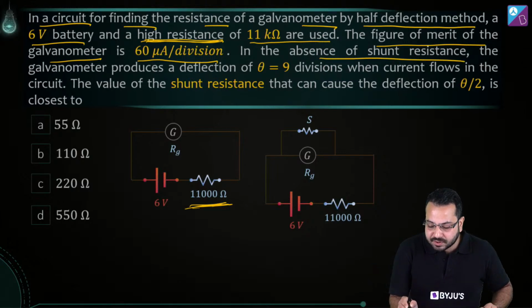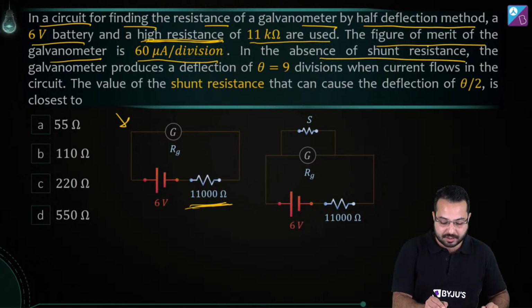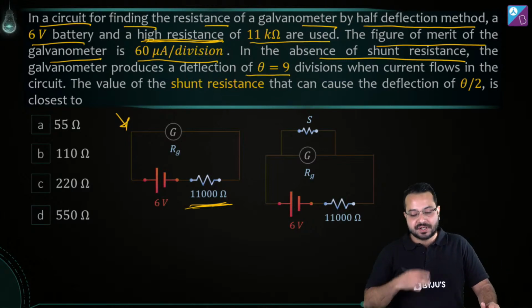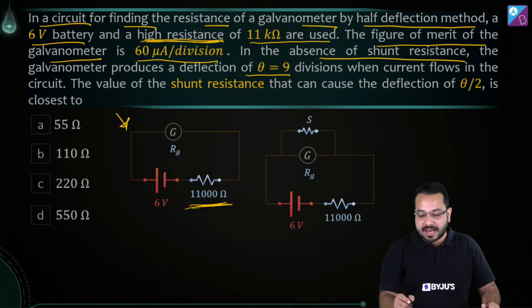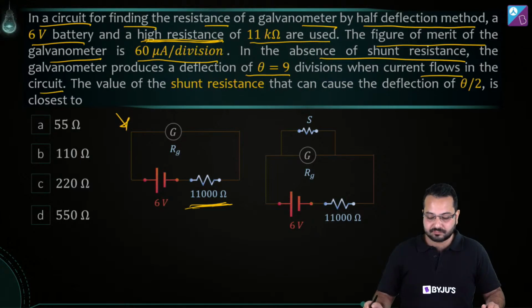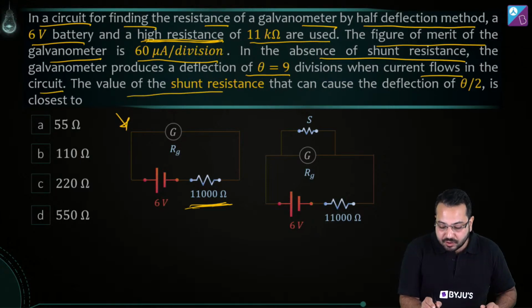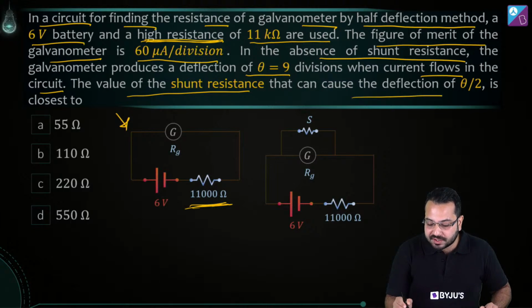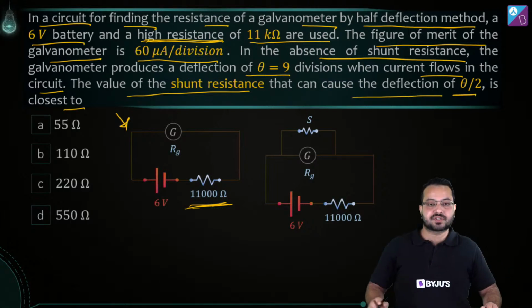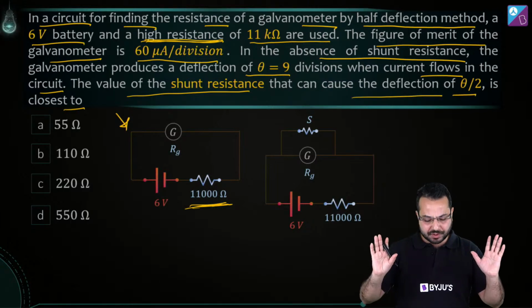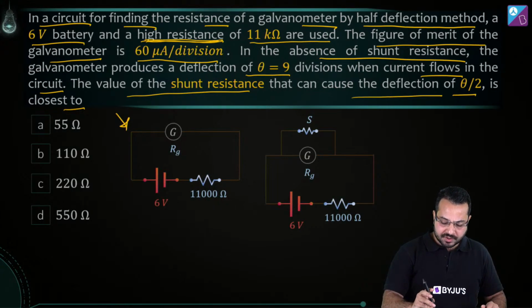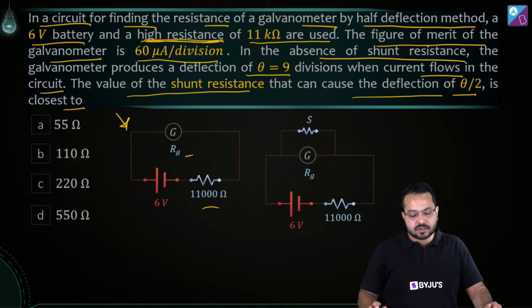Now, in the absence of shunt resistance, which is the circuit we are talking about, the galvanometer produces a deflection of theta equal to 9 divisions. And when current flows in the circuit, the value of the shunt resistance that can cause a deflection of theta by 2 is closest to what? What is the question here? We are talking about a scenario where the galvanometer is connected like this, with no external shunt.